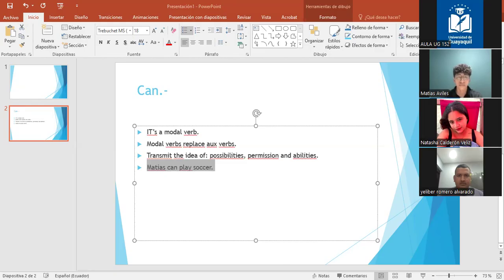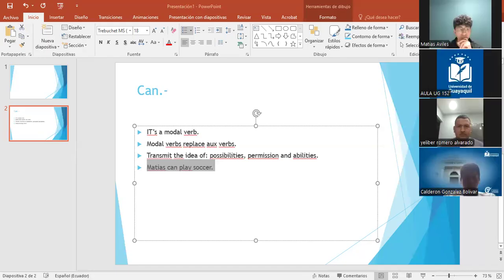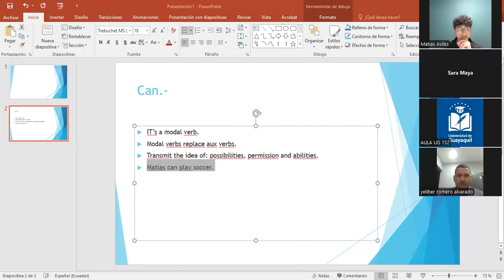Now, who remembers how to make that sentence negative? How can you transform this sentence into a negative one? Raise your hands, don't forget.